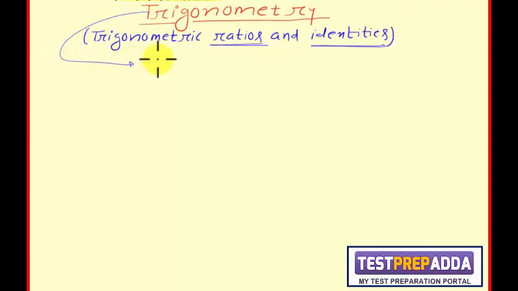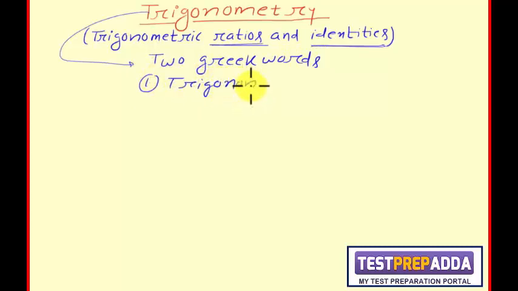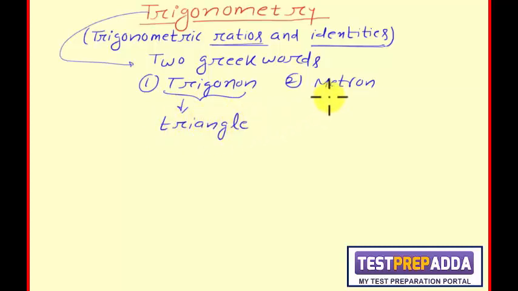Trigonometry is actually derived from two Greek words. Number one, trigonon. Number two, metron. The meaning of the first word is a triangle, and the second word means measurement.